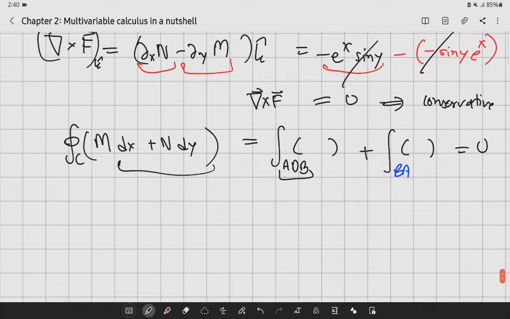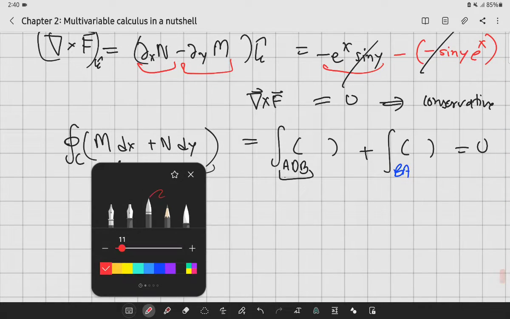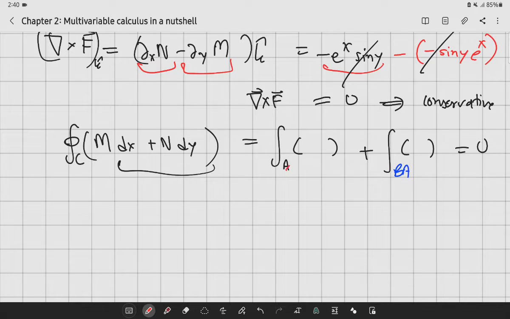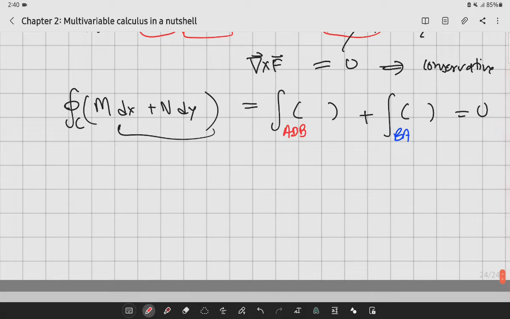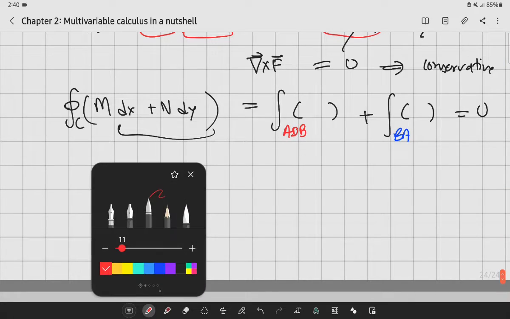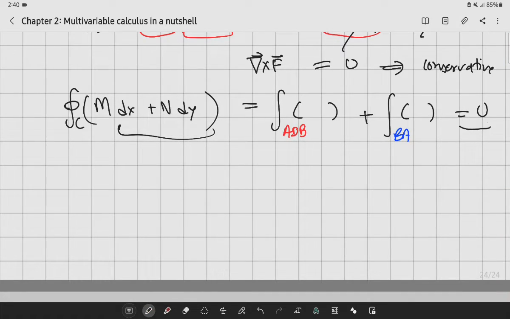Again, for consistency, I'm just going to write this in red. This thing is equal to 0 because, by Green's theorem, this is equal to the area integral of curl of f dot n cap dA, and this is simply 0 because curl of f is 0.